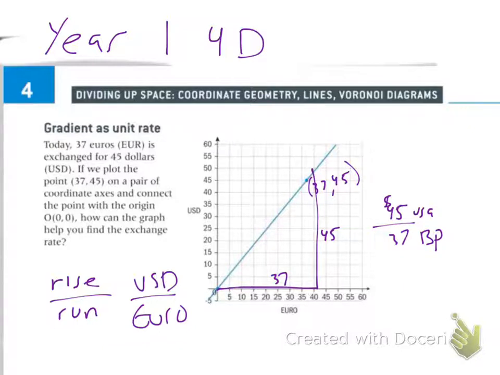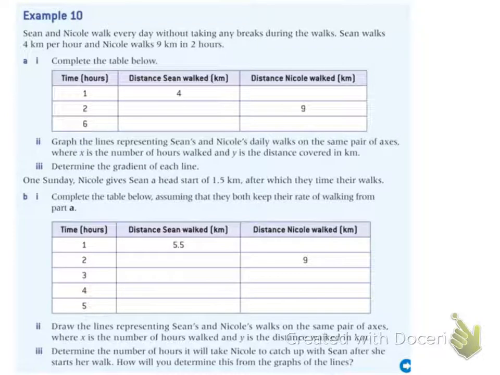The unit rate is pounds per kilometer. So you could pay more money for more kilometers, or more kilometers means more money. Things like that. And so what we have here is some examples I'd like to go through.